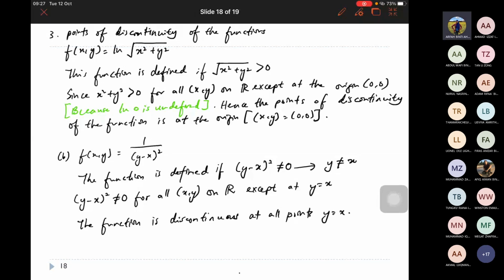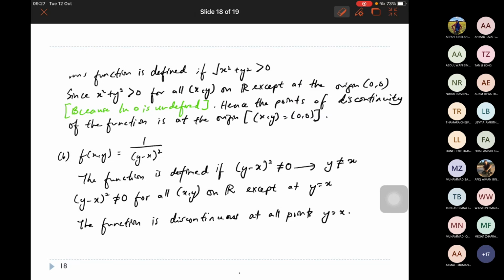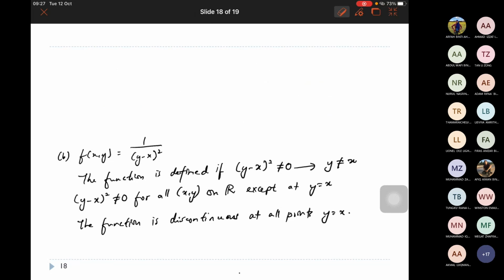So find the limit of the function. Soalan yang ke, the next one, nombor 1. Okay.